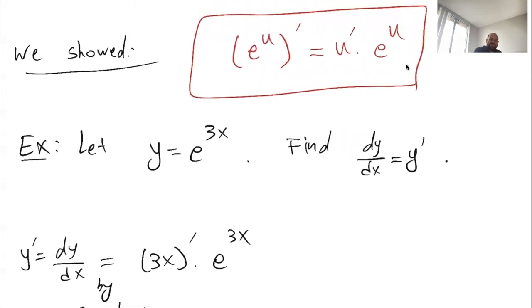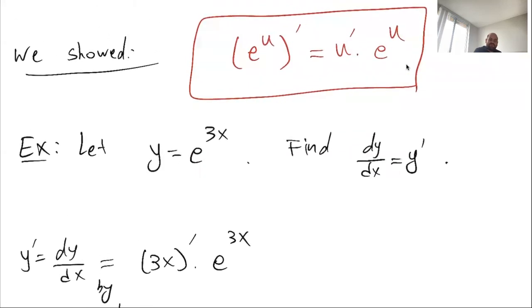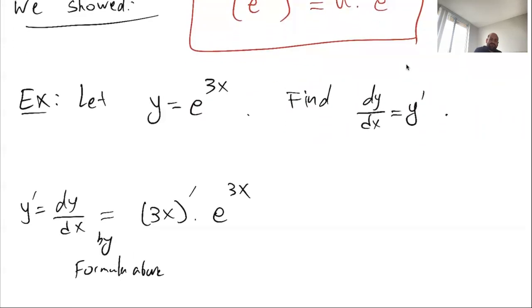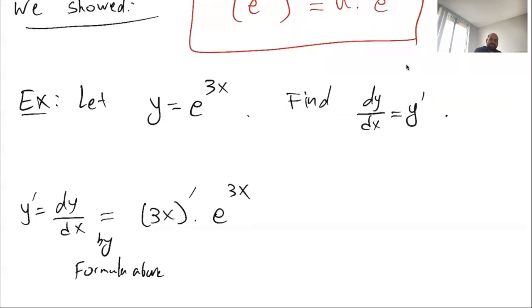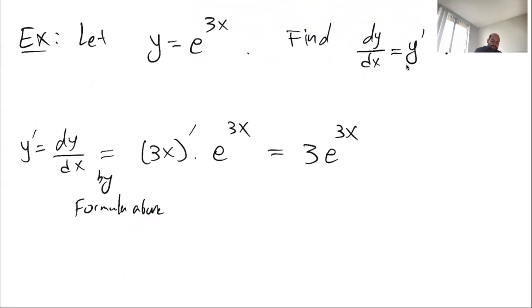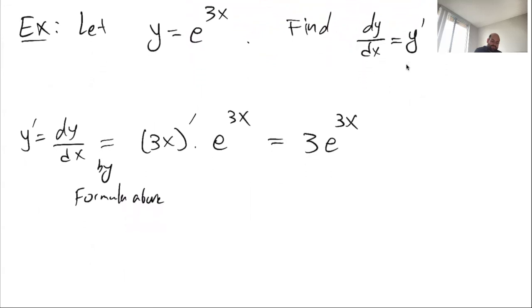The derivative of e to the power u is u prime times e to the u. So u is 3x here, and the derivative of 3x is 3. So the answer is 3 times e to the 3x. Well, that's it.